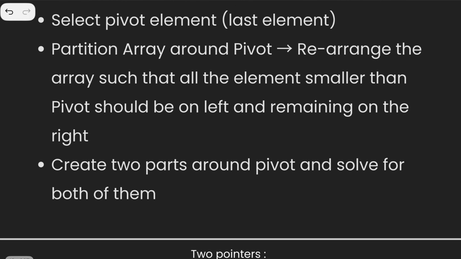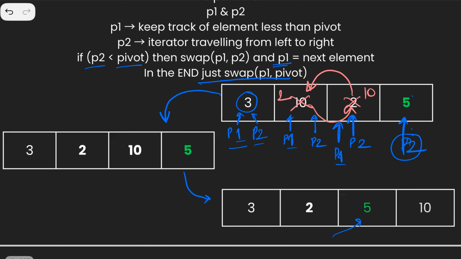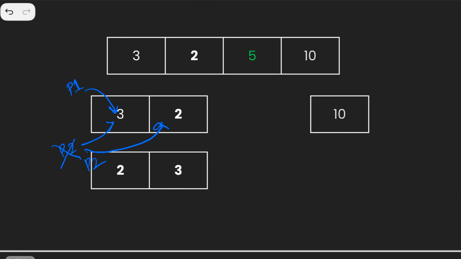We are going to rearrange the array such that all the elements smaller than our selected element will be to the left of it, and all the elements which are greater than our selected element will be on the right section of it. That's why at the end we need to swap P1 and P2, and this is what we get: 2, 3, 10. As we have already seen in merge sort, we are not actually going to divide it.